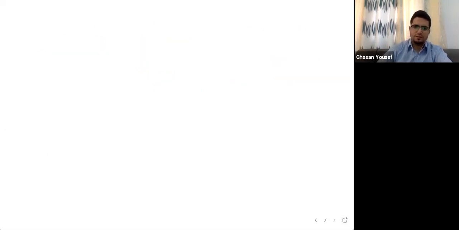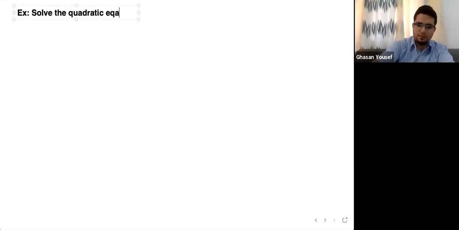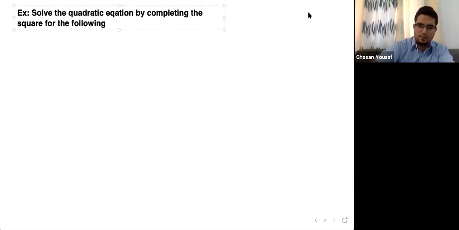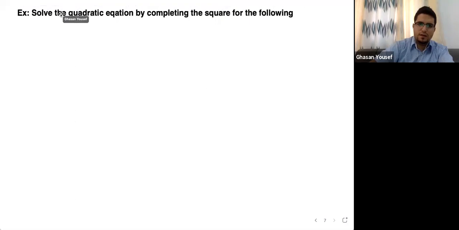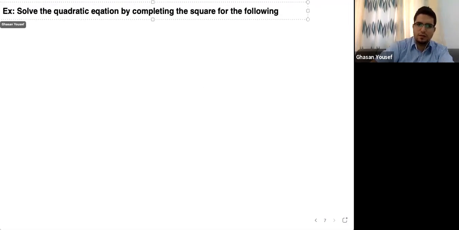So the example now, example 1: solve the quadratic equation by completing the square for the following.